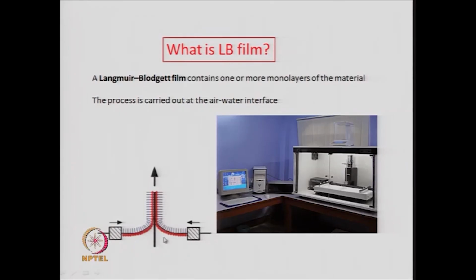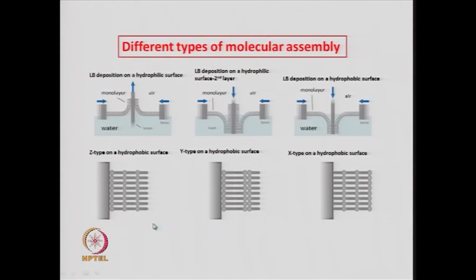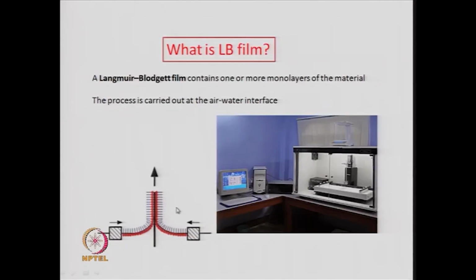You are pushing the barriers from both sides, creating a pressure on the film of water, and the film of water has got these molecules on top of it, which will get coated onto the substrate, and that will form the monolayer. So, one layer of the molecules is now coated on the substrate when you take out the substrate.